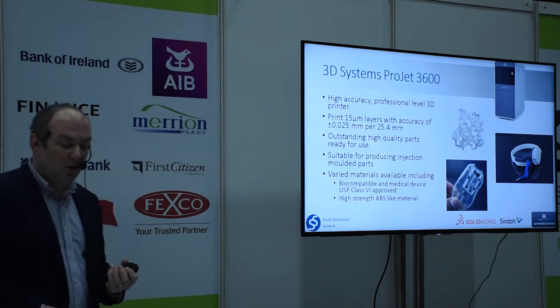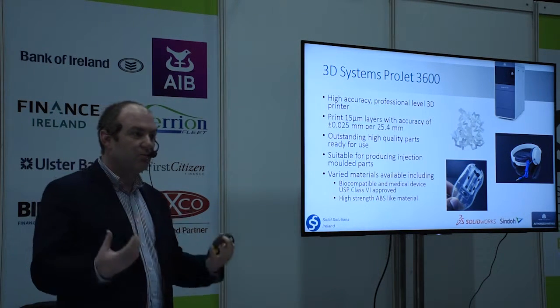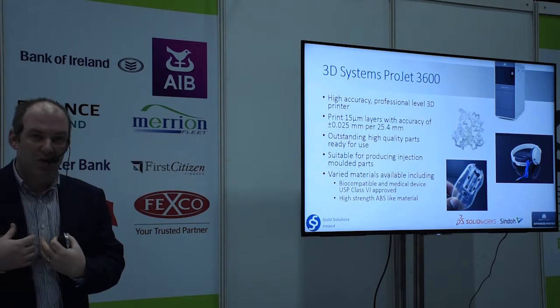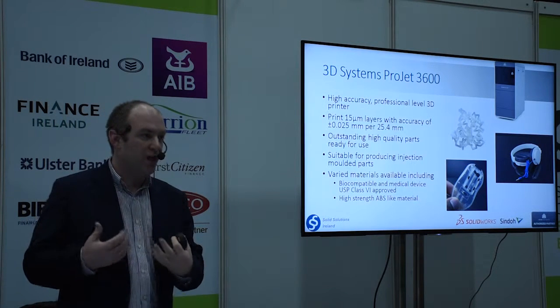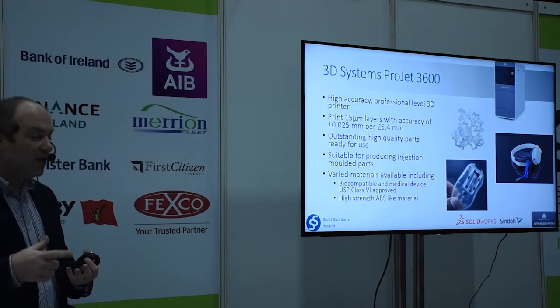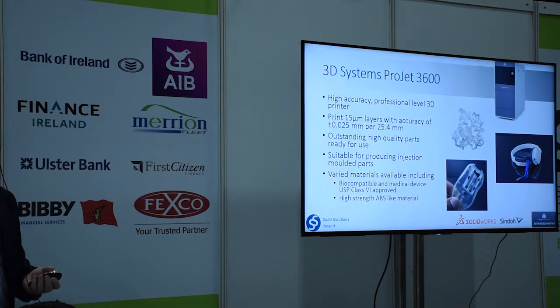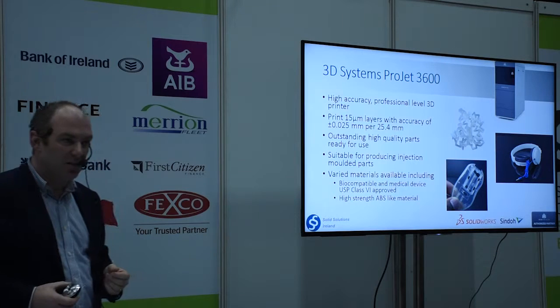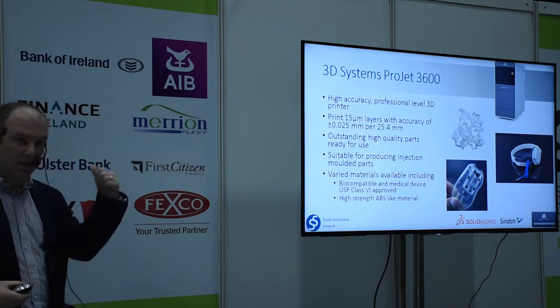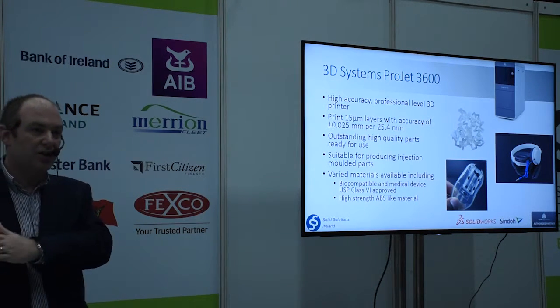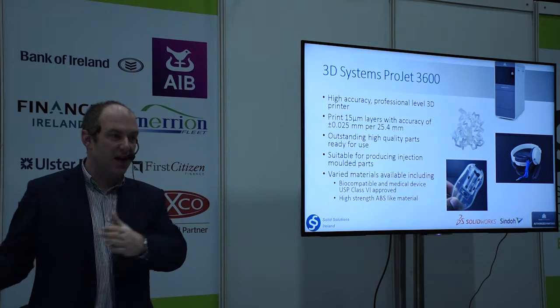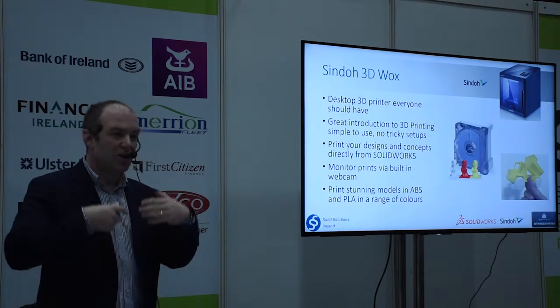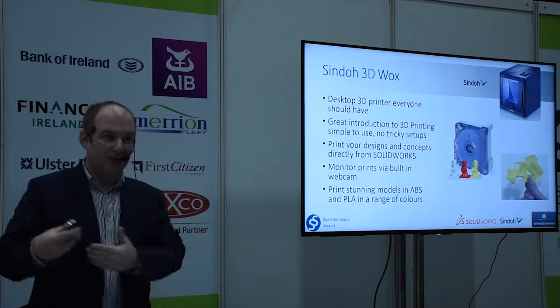So we've done quite a lot of work with that actually. One of our customers is printing out particular molds for the heart. They're developing little components that would fit within the heart to stop strokes. And again, they're getting a lot of the models printed on the 3600. So we're taking files from a CT scan, bringing them into SolidWorks, creating that file, and then printing it out on the 3600.